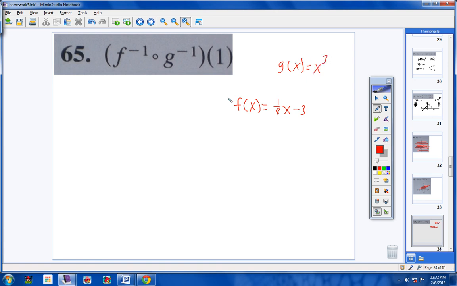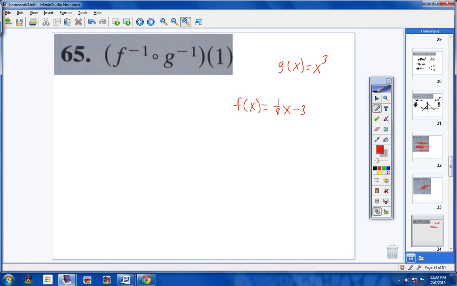Now, they want us to take the composition of each of these functions. Notice in the parentheses first, we're going to take, not composition, sorry, inverse. We're going to find the inverse of function f, find the inverse of function g, and then find their composition. That's crazy.